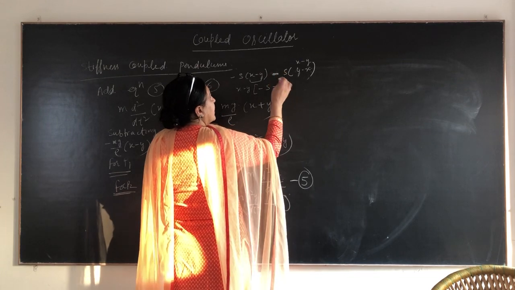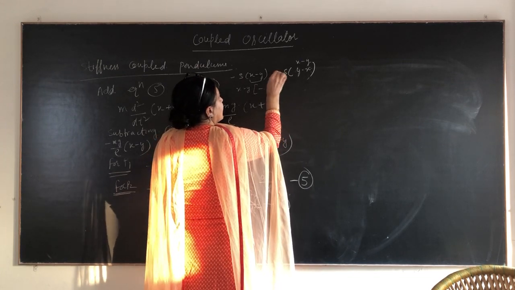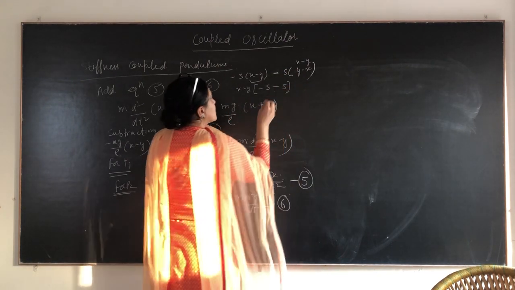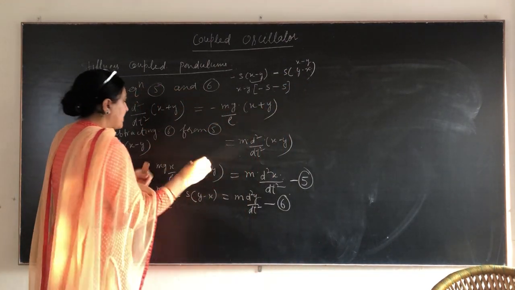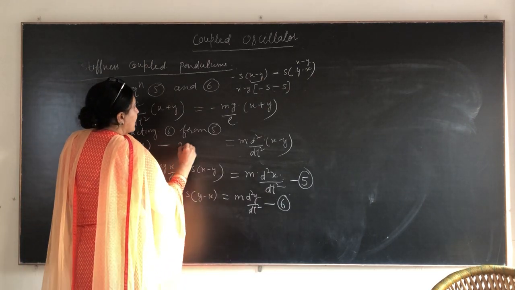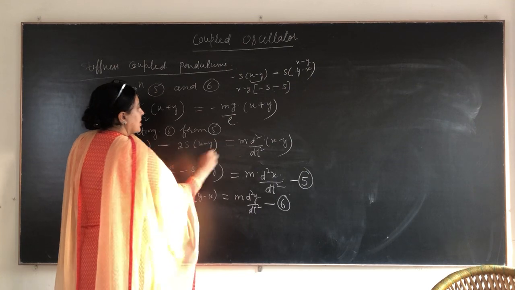Clear? So this is minus 2s into x minus y.